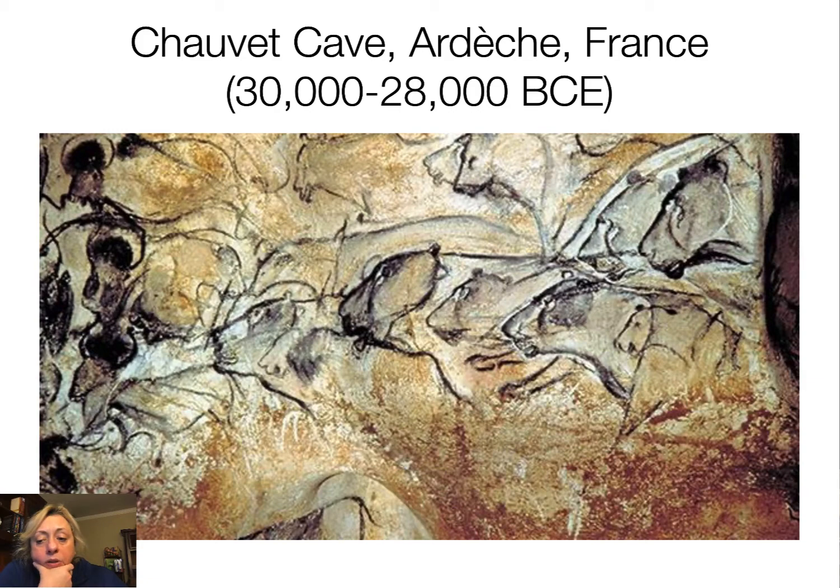It was thought to be the home of the oldest representation of art, and it has more than 1,000 paintings of predators like the mammoths and a lot of sophisticated paintings that you can find over there. And I'll provide the link in the PowerPoint so you can go further and watch those.